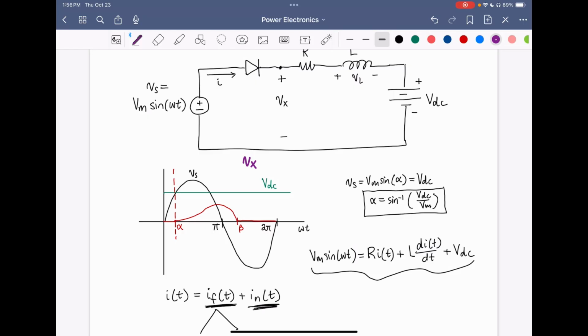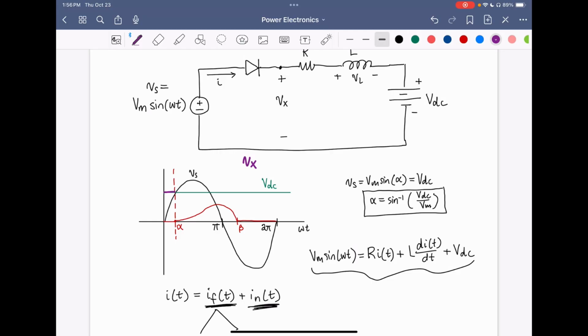When the diode is an open circuit, there's no current in the circuit, so no current flowing through R and no current flowing through L. Therefore, the voltage drop across R and L is 0. That means Vx is just equal to VDC during this first interval.